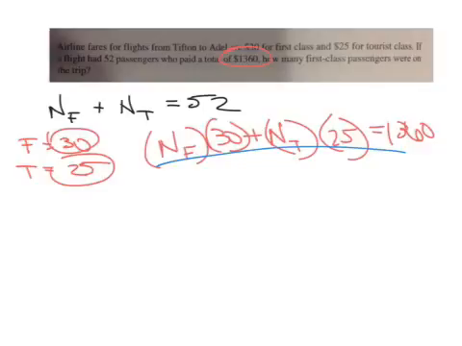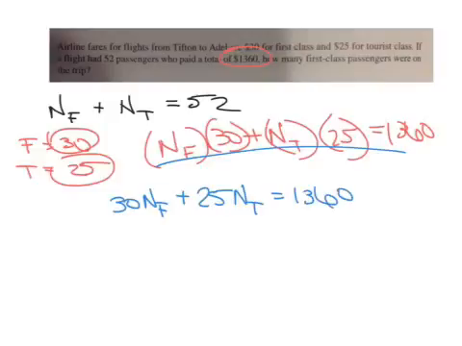I'm going to write this equation on top. 30 NF plus 25. I usually put the number first and the letter last. And let's write the second equation. Okay, so there's my two equations.